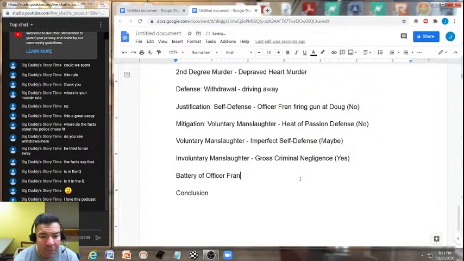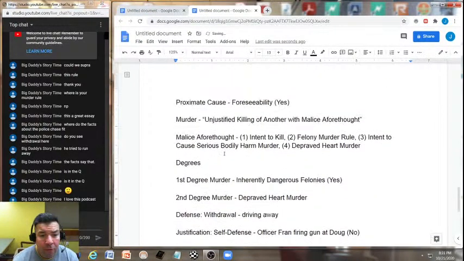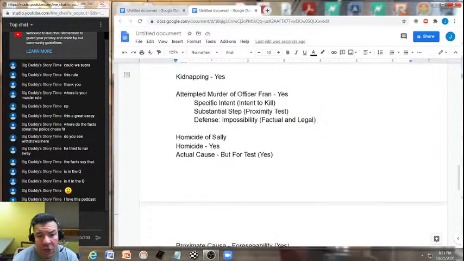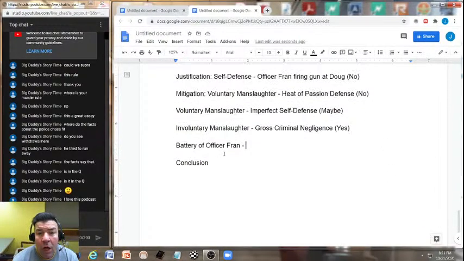Now the battery of Officer Fran, we can use our rule statement up above for battery, subtracting out the aspect of the aggravation. So it's unjustified application of force to the person of another. Would Officer Fran be able to bring this against Doug? Absolutely yes. Why?